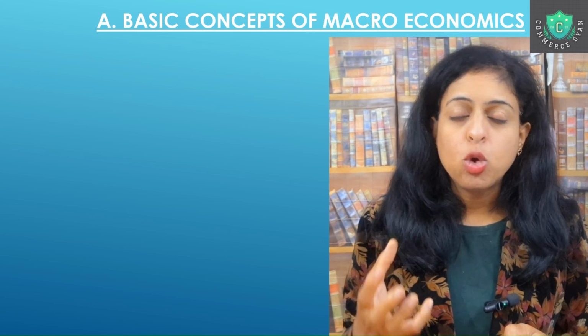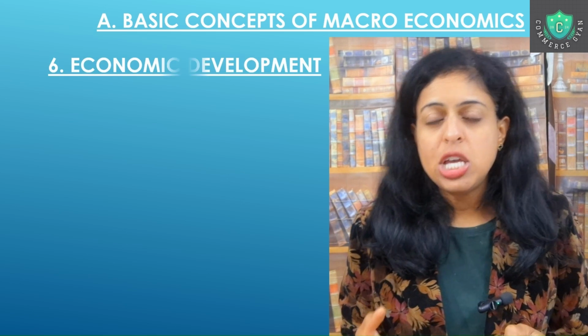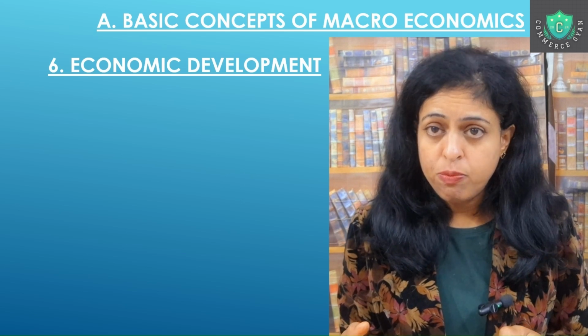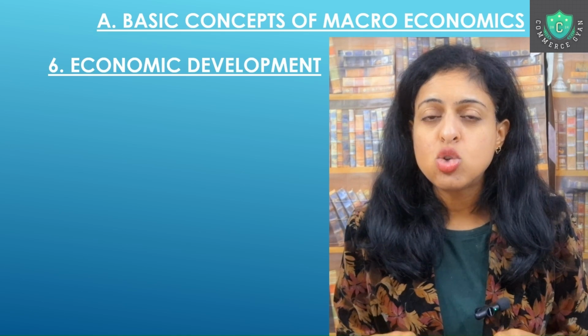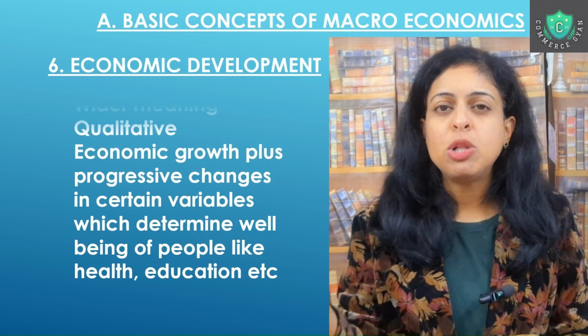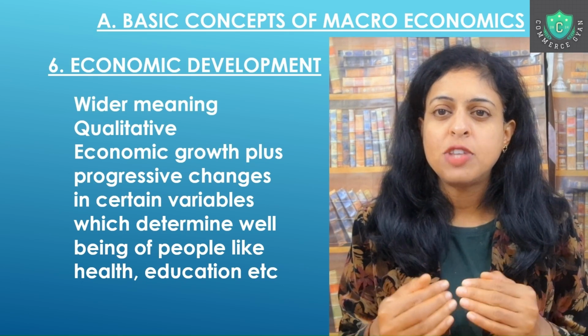It is progressive change in certain variables which determine well-being of people. Okay, how well the people are living, the standards of living. And in general, we are not talking of few people who are having good standards of living. It is an overall standard of living of that country.